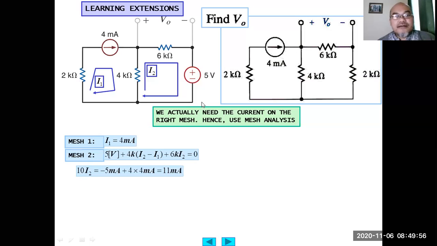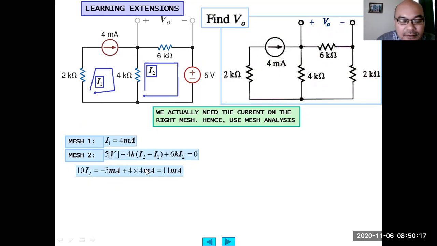So after rearranging, we obtain 4K I2 plus 6K I2 equals 10K I2. And we insert this 4 milliampere.